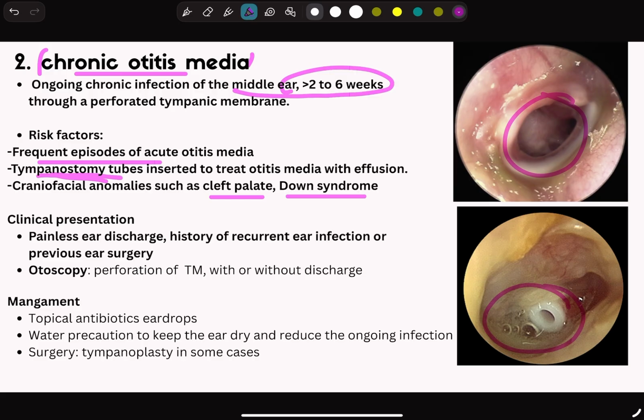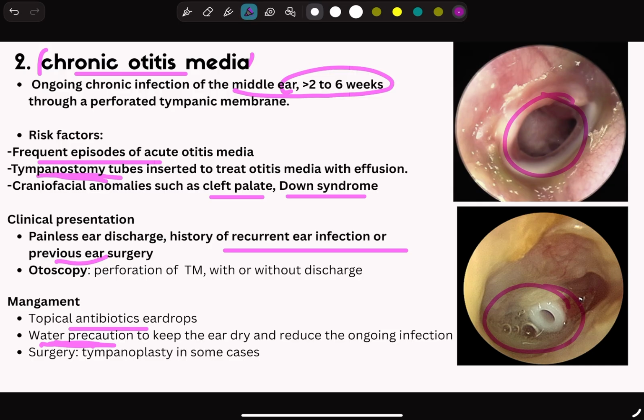So the patient would present with painless ear discharge, maybe a history of previous ear infection or ear surgery. And on examination, you will see there's a hole, and sometimes there's discharge, sometimes there's no discharge, but there's a hole in the tympanic membrane. How do we treat it? With topical antibiotics, topical ear drops, and we also need to make sure there's no water going inside the ear.